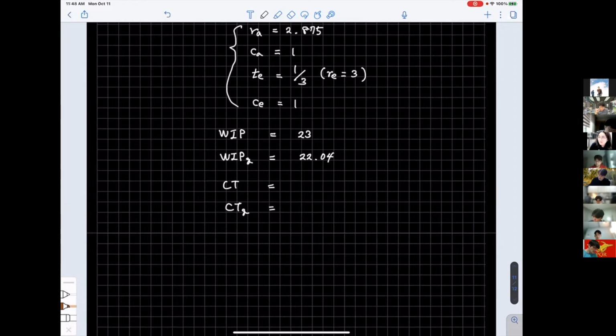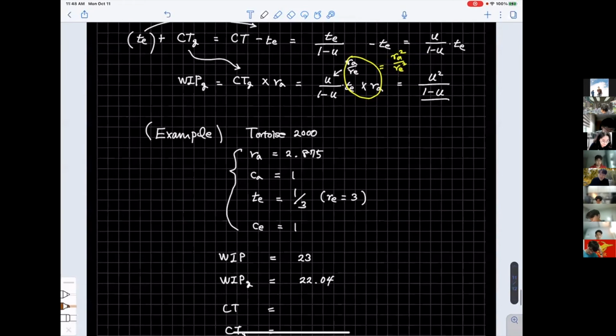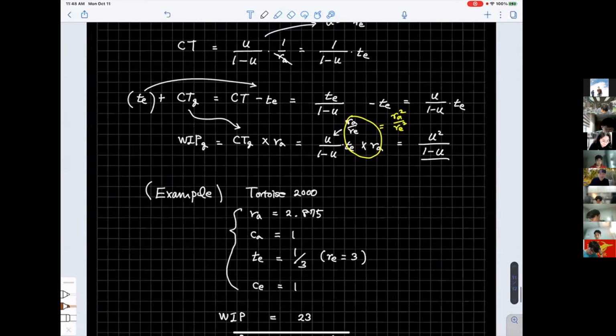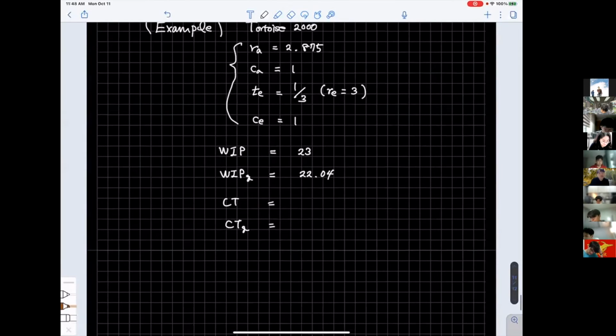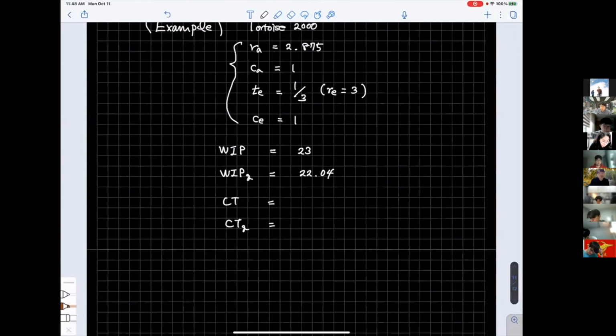Now, how about the cycle time? CT and CTQ. CT will be very easily calculated from WIP. How about CT? It's not a complex problem.